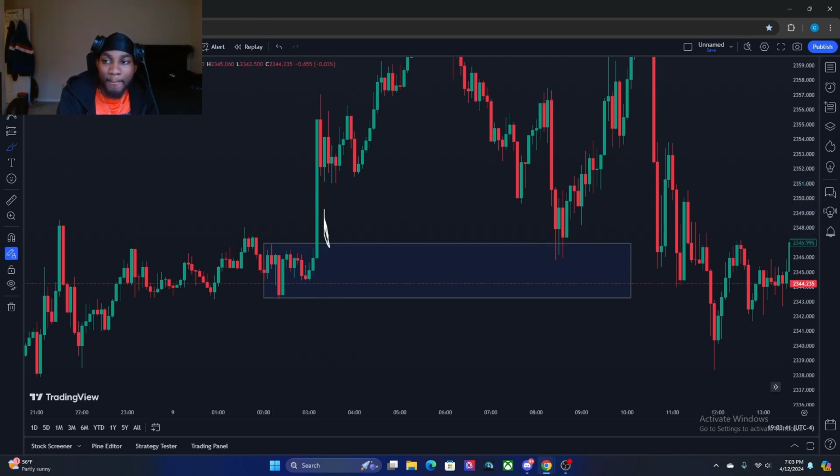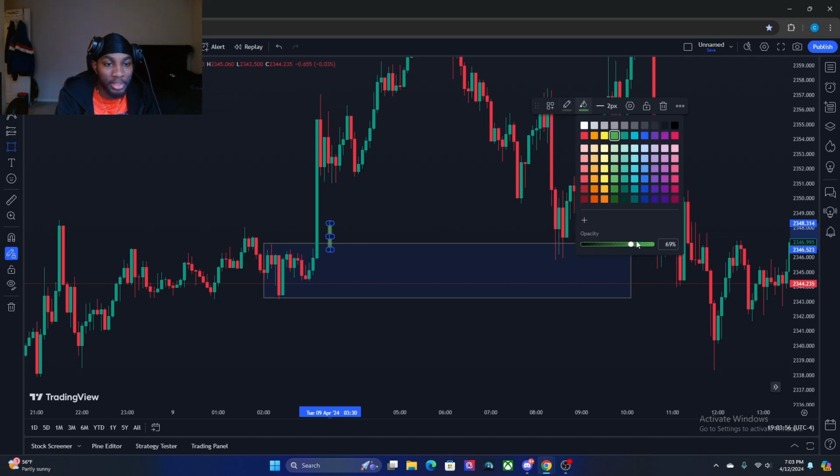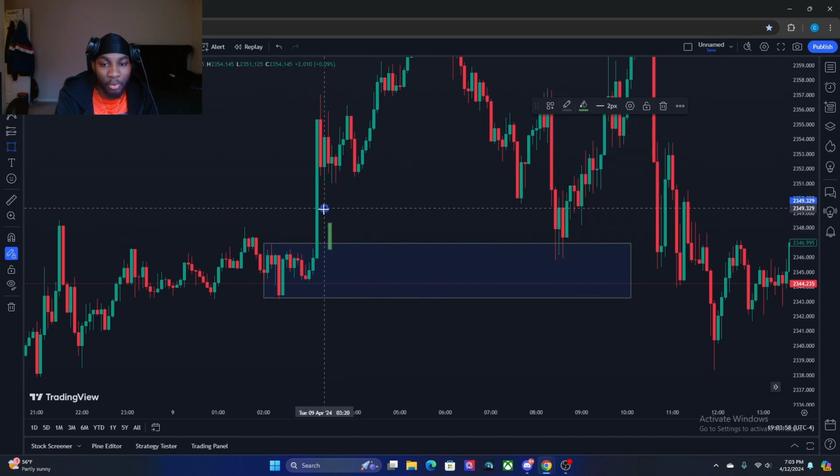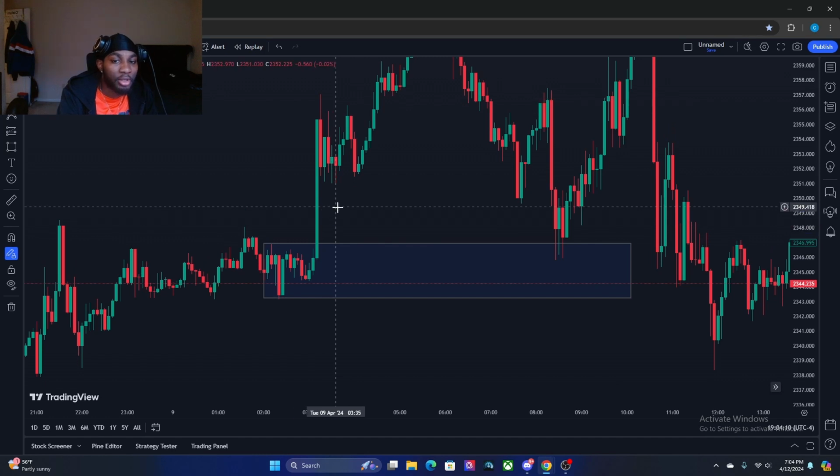As a matter of fact, I'll just draw it just so y'all can see, because like I said, I want this to be simple for y'all to understand. So if the candle looked like this instead, and we wicked back into it before pushing up, then there is no gap. But because we have no wick coming into this box, there you have a gap.